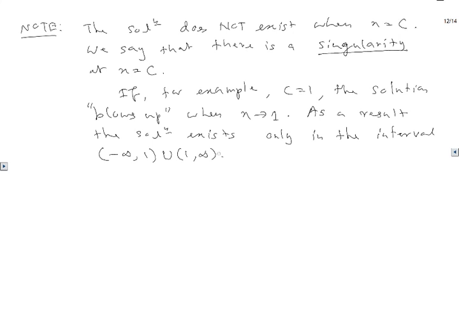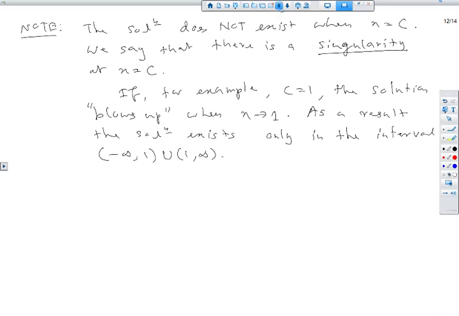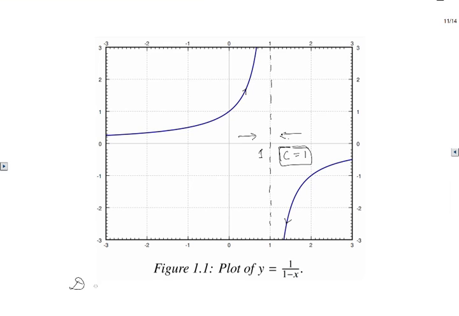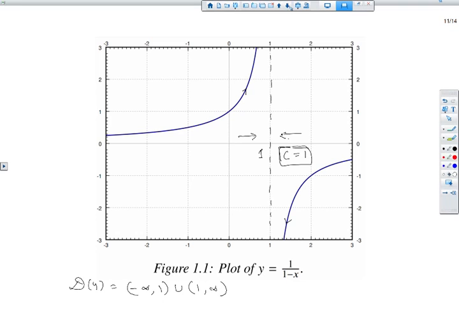So you can see that 1 is excluded. So that's the domain of the function. So the domain of y is simply negative infinity all the way up to 1, union 1 to infinity. Good.